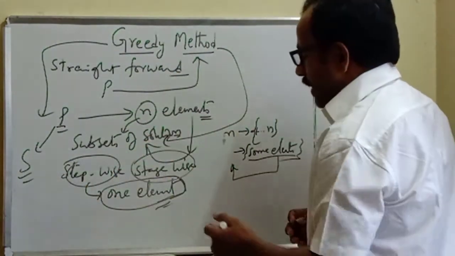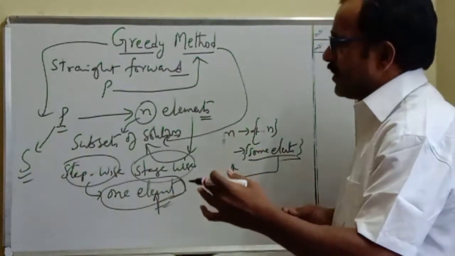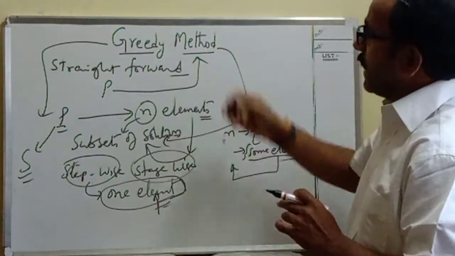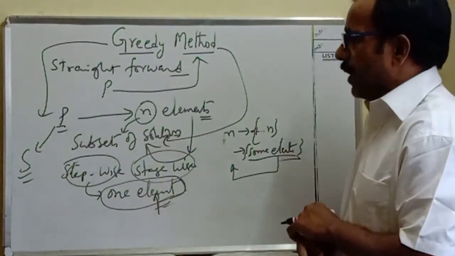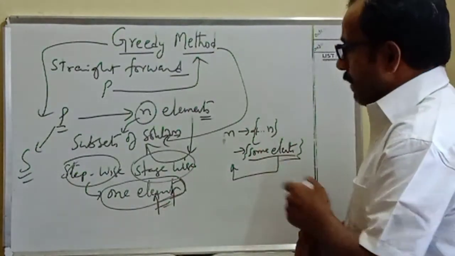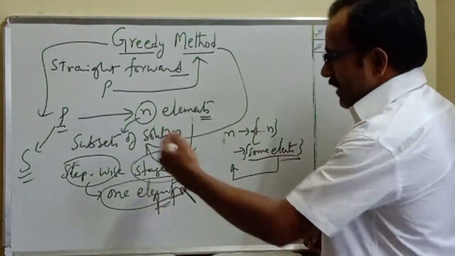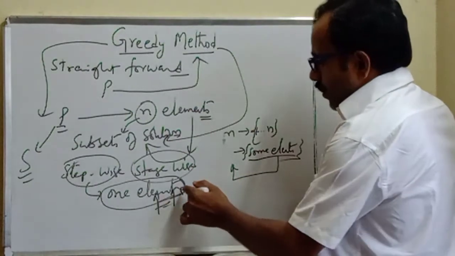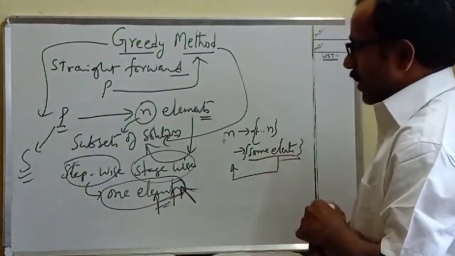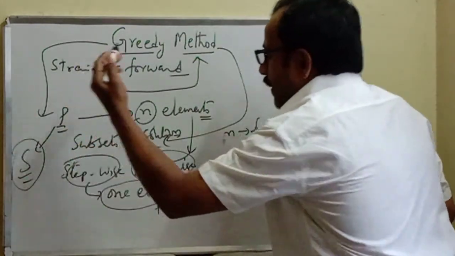At each stage or step, it selects one element as input and verifies whether this element belongs to the solution or not. If it does, the greedy method includes that element as a solution element, and so on. At each stage it selects one element, but the selection criteria vary from problem to problem, because we can solve many problems under the greedy method. At each stage we select only one element and check it against the solution: if we include this element, does the solution lead to the original solution, yes or not? We need to verify.